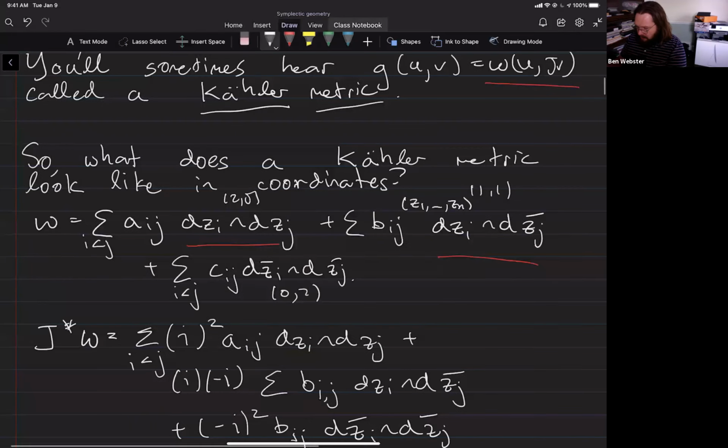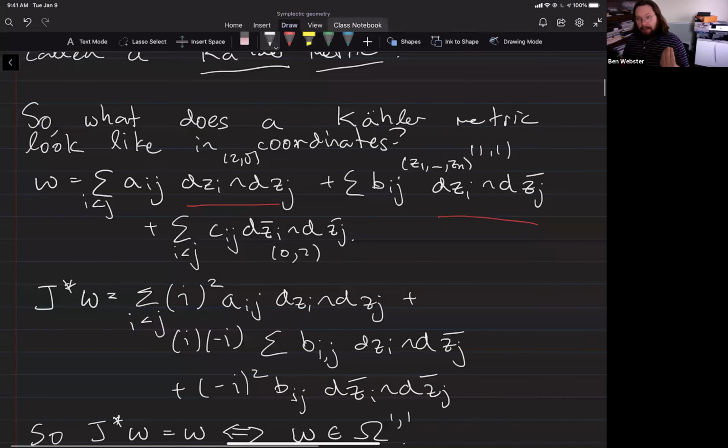All right, so if I'm going to have compatibility between the symplectic structure and the complex structure, I have to have that multiplication by the complex structure is a symplectomorphism. It preserves the symplectic form.